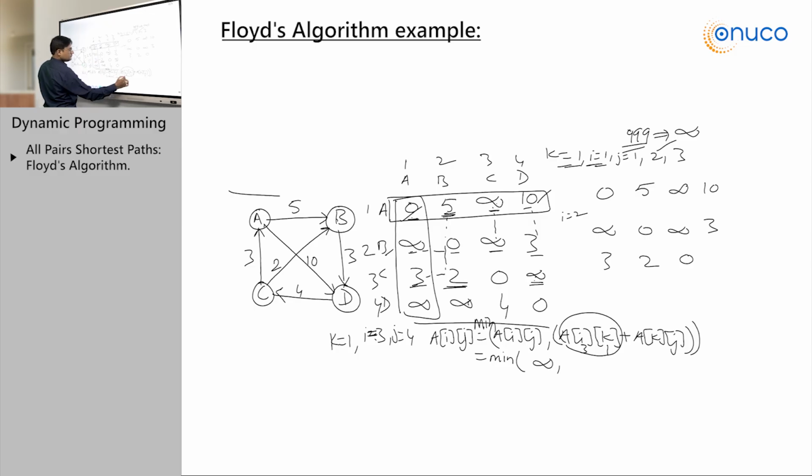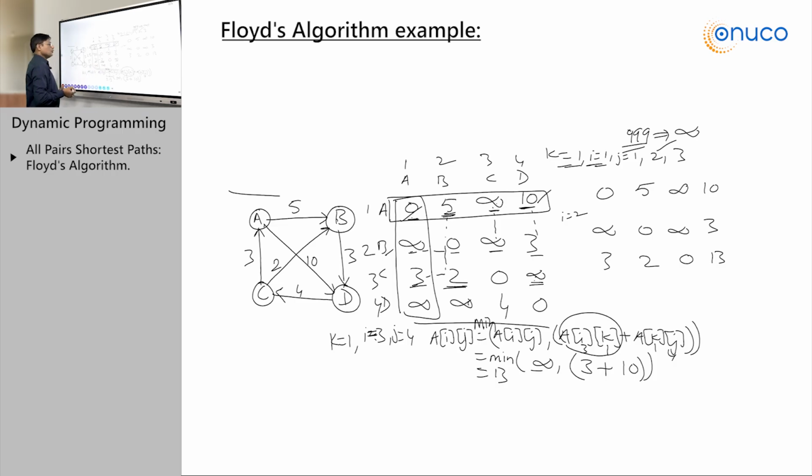It is 3, plus A of kj, where k is 1 and j is 4, so A of 1 4. What is the value? 10. So min of infinity and 10 plus 3, which is 13. Infinity is lesser or 13 is lesser? Of course 13 is lesser. So we are going to update this with 13. All of you can observe this infinity is replaced by 13.